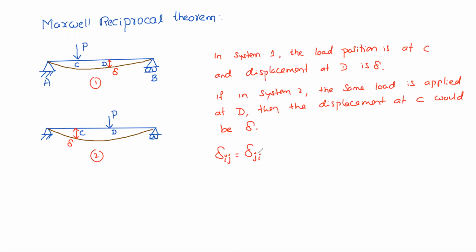That means if you apply unit load at J, the displacement at I is delta. Then if you interchange the load and displacement locations, that would also be the same. So this is the Maxwell reciprocal theorem. I will prove it with an example, by taking one example and explaining it to you.